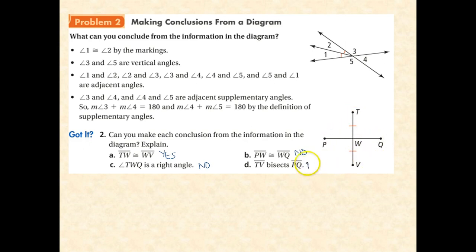The answer is no, because I don't know that PQ is divided into two congruent segments. I can say the other way. I can say that segment PQ bisects segment TV because TV is bisected into two congruent segments, TW and WV.